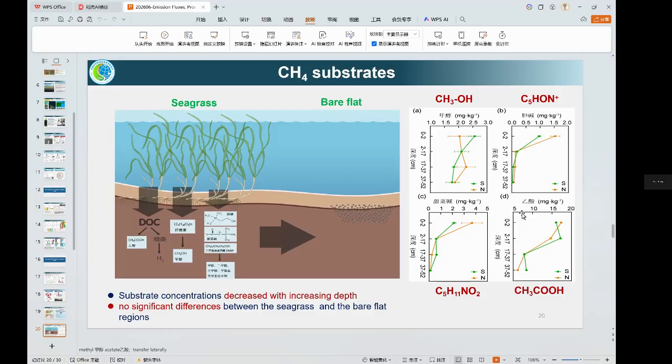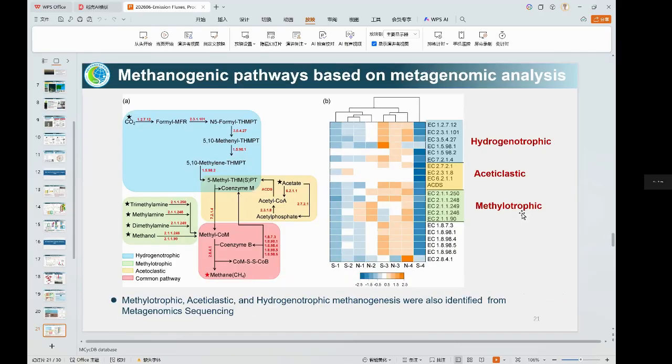So no significant difference was found between the two regions, but the concentrations decrease largely with increasing depth. From the metagenomics analysis, we also detected all the enzymes of the three methane production pathways.